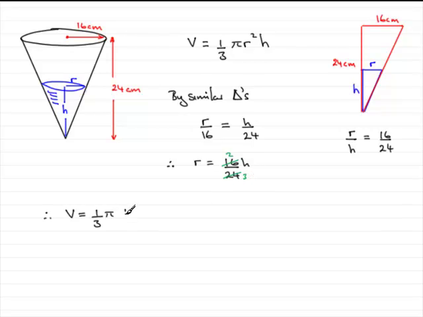So we can just put that in as 4h squared over 9, and we need to multiply that with this other h. And so cleaning this up, you've got 4 pi h cubed all over 3 9s, which are 27. So there you go, over 27. And that gives us the volume V, which is what we had to show.